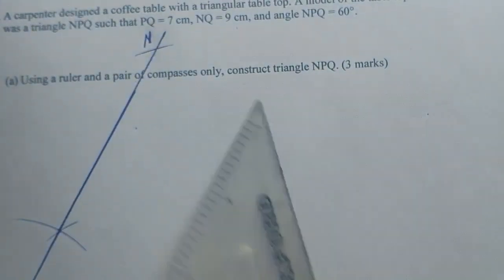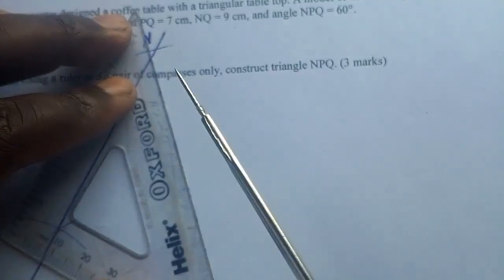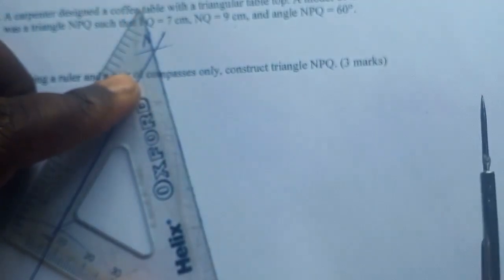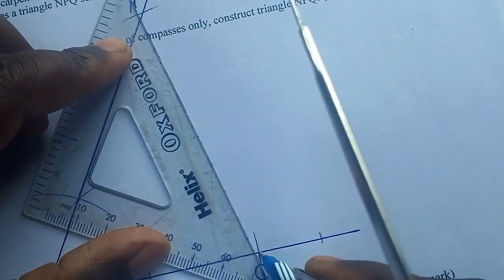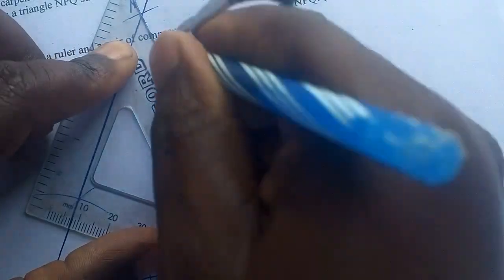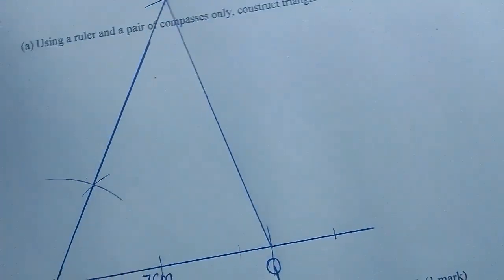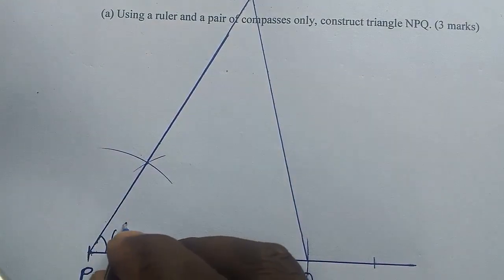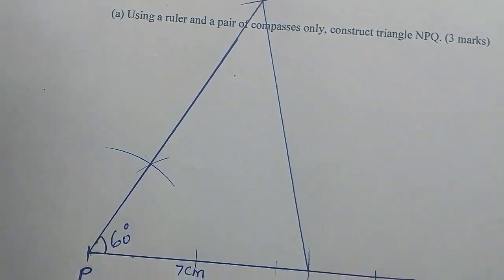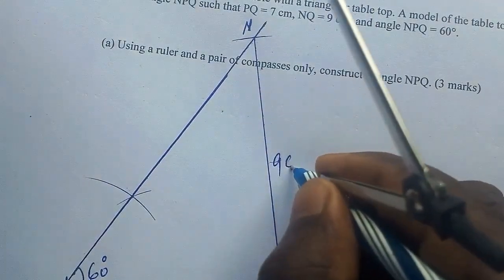Join N and Q. That is our triangle. So this one is 60 degrees, and this is 9 centimeters.